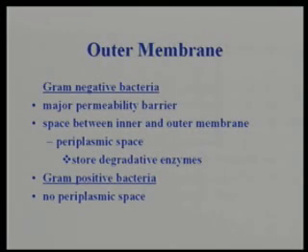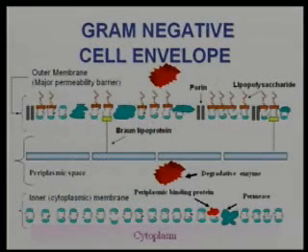So again, I'm not implying here that there are not degradative enzymes made by gram-positive bacteria. We're simply saying that they can't store them in this fashion. And this is emphasized on the next 2 slides.